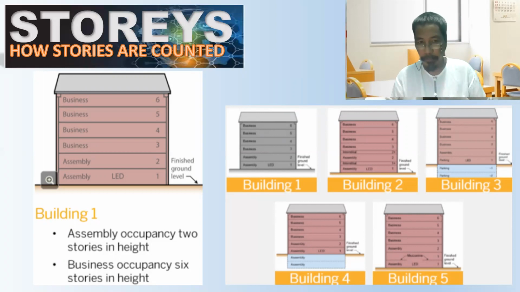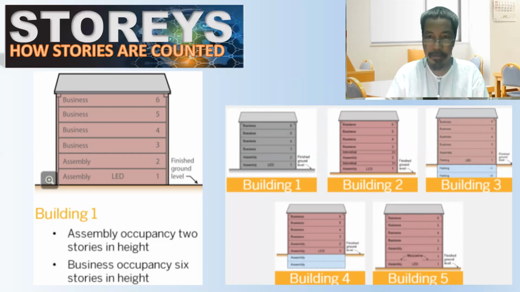We have the finished ground level as shown, and we know that there are 2 stories in height when we are talking of assembly, and 6 stories in height when we are talking of business.